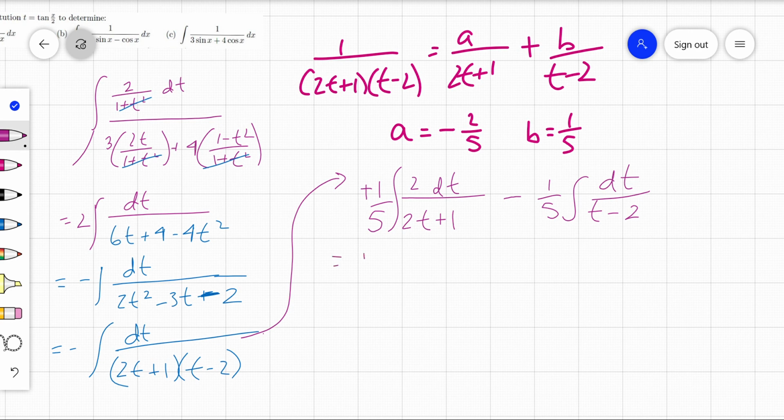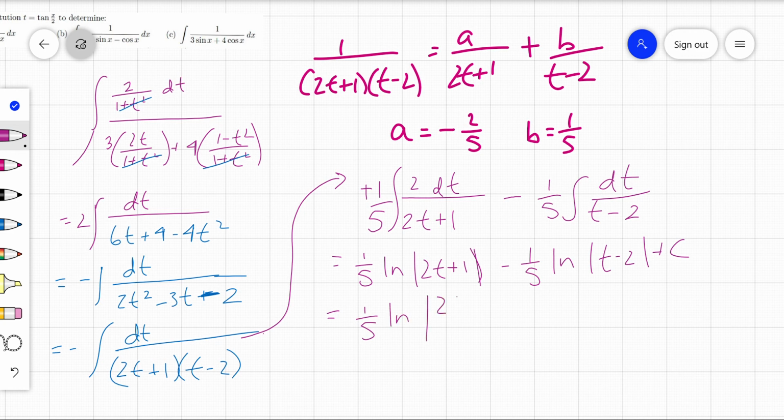So I'm just going to get 1/5 log of 2t plus 1. And here I'm going to get minus, so again, the derivative of t minus 2 is 1, so that's fine, log of t minus 2. If we put that together, they've both got 1/5, so I might do 1/5 log of 2t plus 1 on t minus 2.